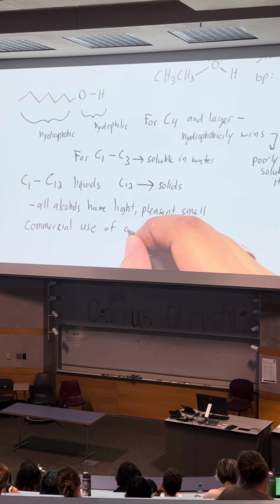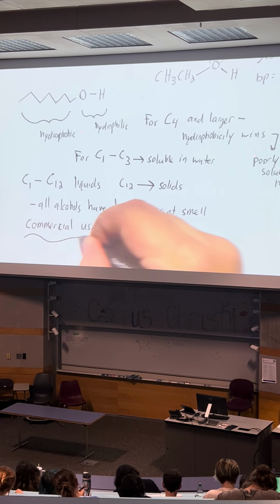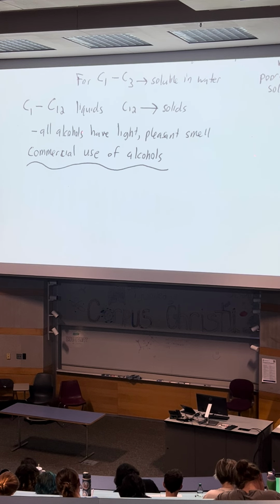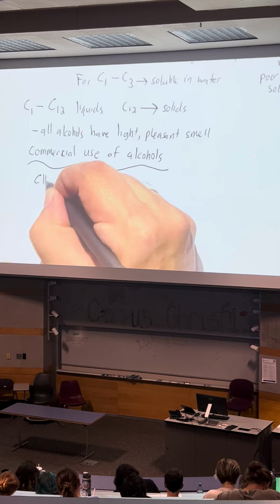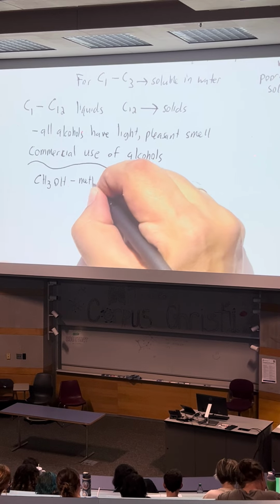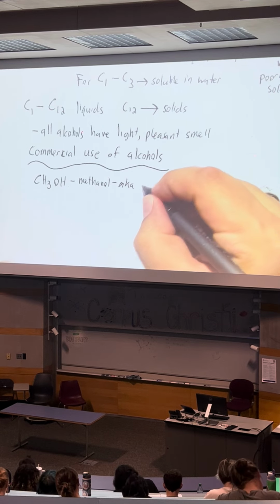I think it goes without saying that as a functional group, there's quite a lot of commercial use for alcohols. The first one we'll look at is methanol, which is also known as wood alcohol.